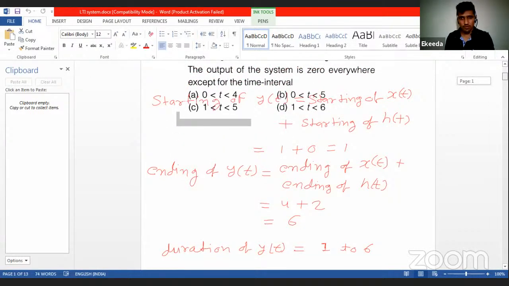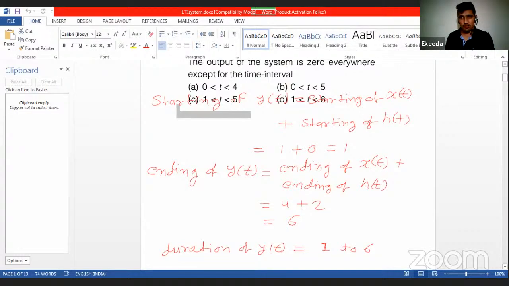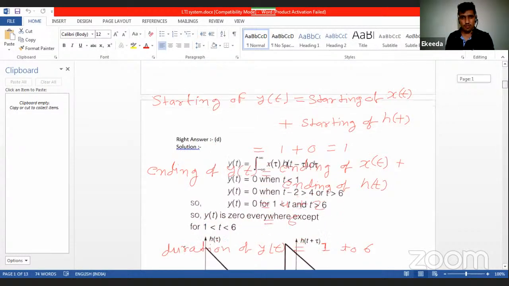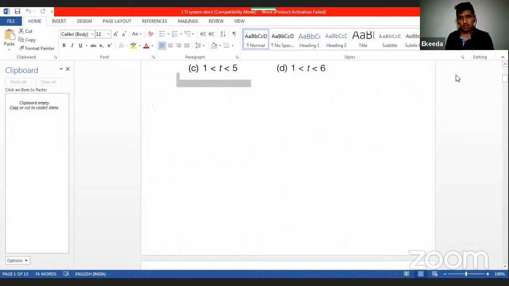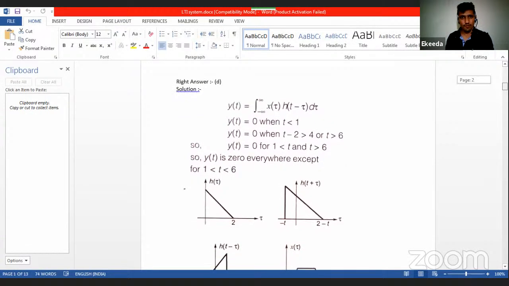You can check the solutions also. The second method is using the definition of convolution. This is what you can do.